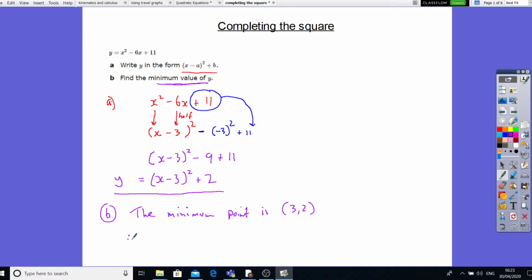You can say therefore the minimum value of y is equal to 2. That's the lowest value y will be. Any other value of x other than 3 will make that higher than 2.